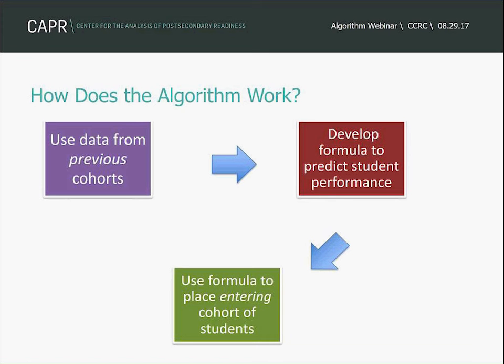With these historical data, we had students, their placement scores, their high school GPAs, and we had their grades in their college courses. And we could use that information to develop a formula to predict how well they are likely to do in these college courses, using data from incoming students, their GPA and placement scores and such. And then once we have that for the historical data, we can use it to place new students.